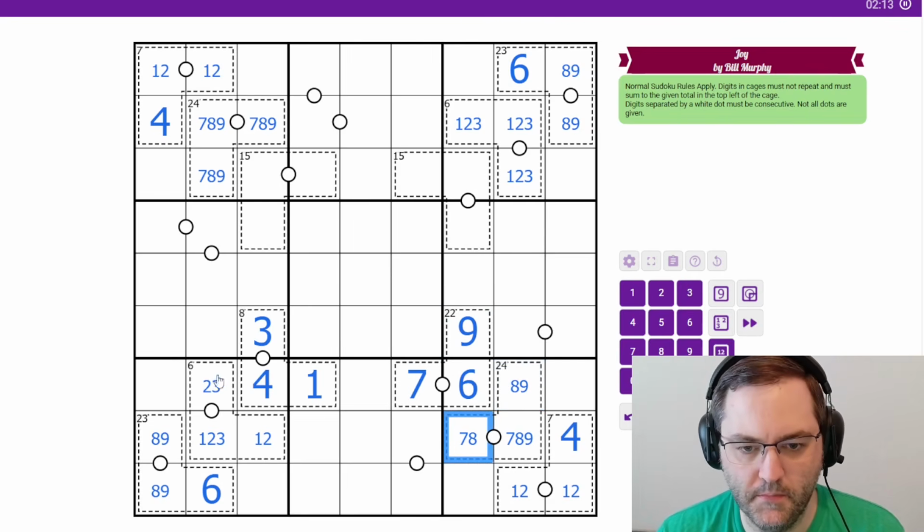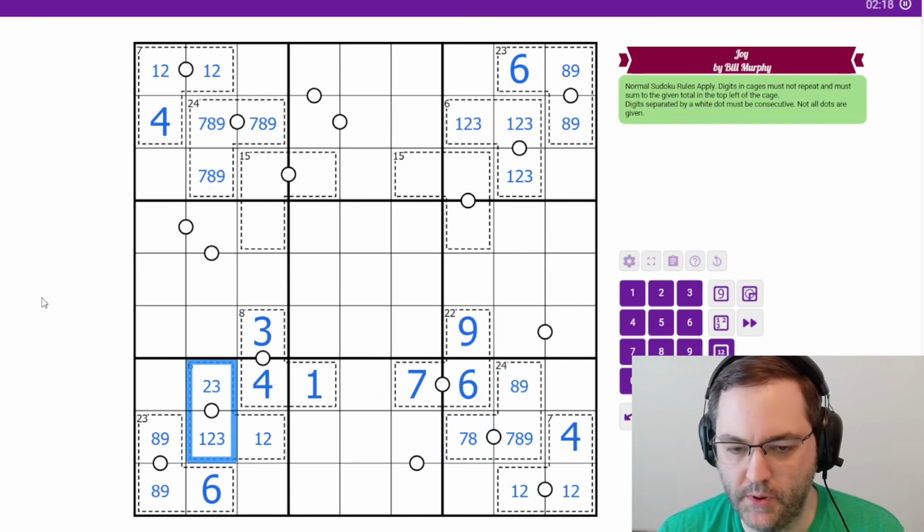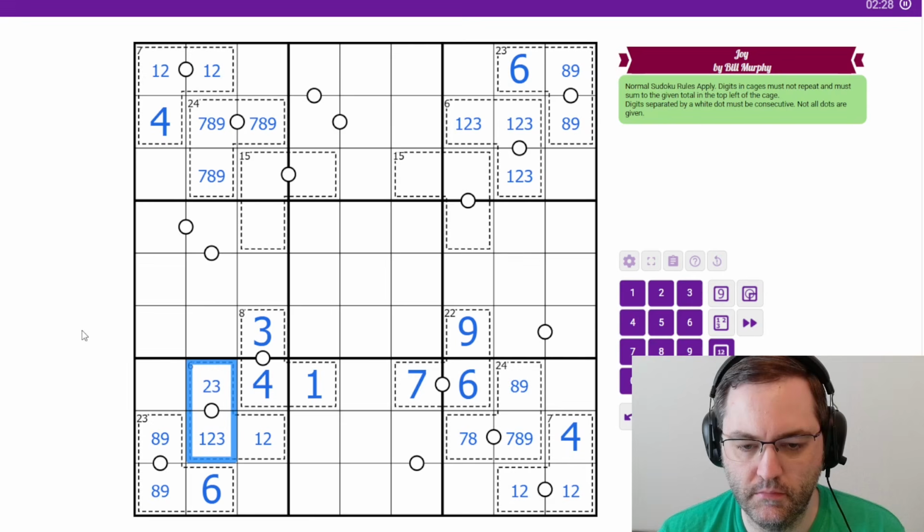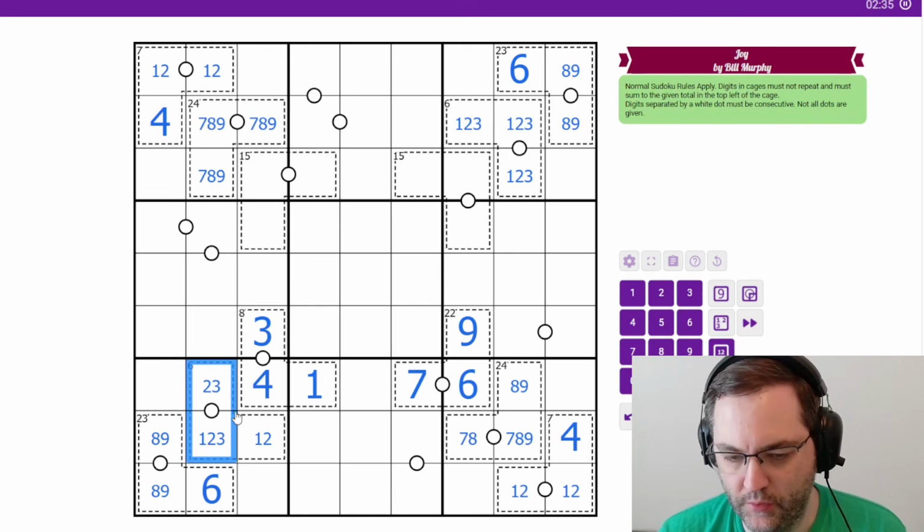Okay. Another thing to note on consecutive pairs that is very useful right here. If we have a consecutive pair, in these two cells we must have one odd and one even digit. They have a difference of 1, that means they're different parity. We only have one even digit to work with here.